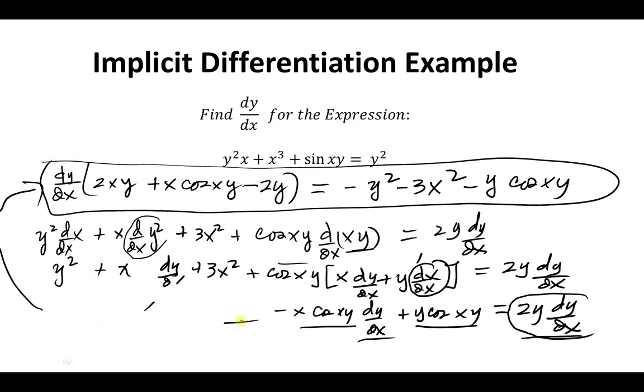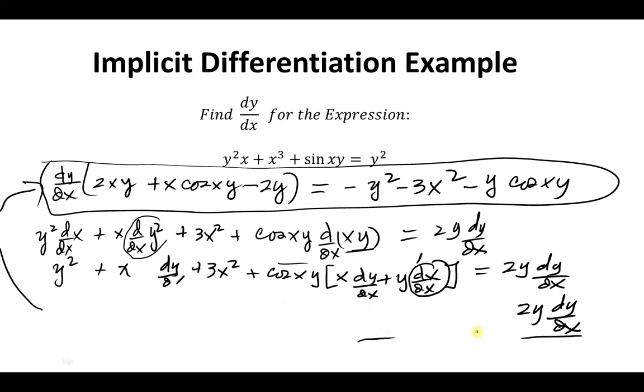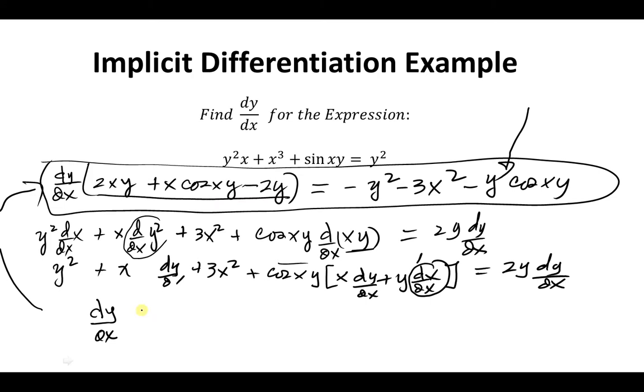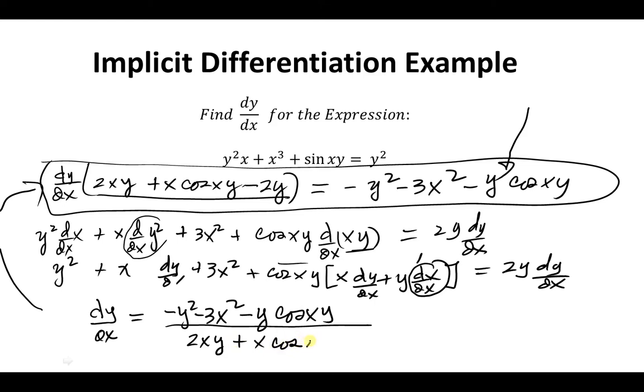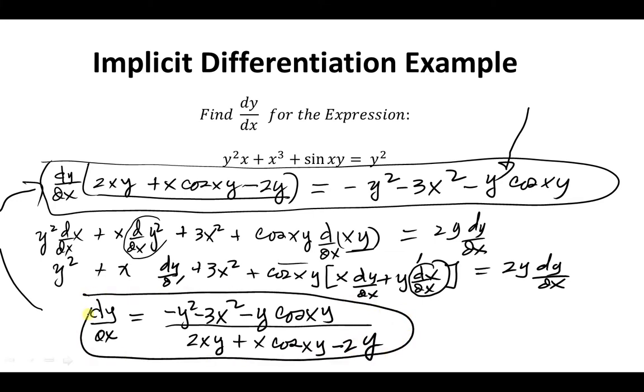And I'll erase a little bit here, so I'll have room to write down dy/dx. dy/dx is now this term divided by this, which is minus y squared minus 3x squared minus y cosine of xy, all divided by 2xy plus x cosine of xy minus 2y. And there's the answer.